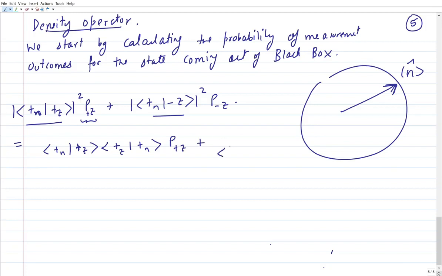Similarly, and that gives me, that's another way of writing it.